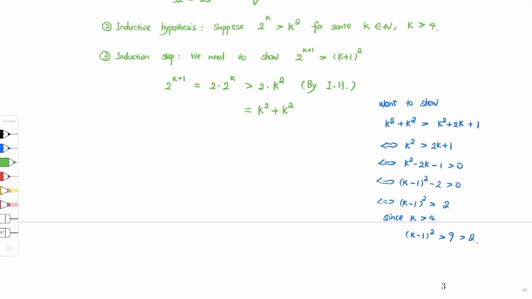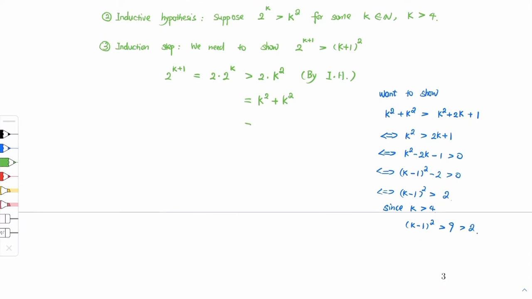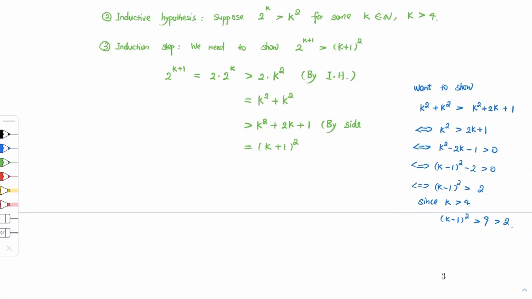So I'm just going to say this is strictly greater than k squared plus 2k plus 1, which equals k plus 1 squared. And from here, I'll just say by star, and I'll write star at the bottom.